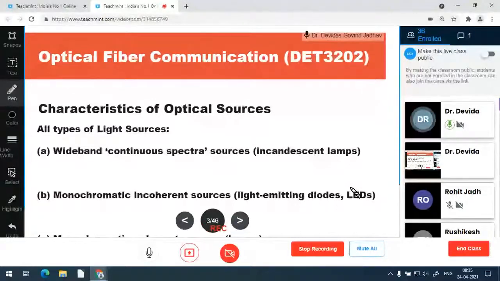So that will clarify the selection of source for optical fiber communication.